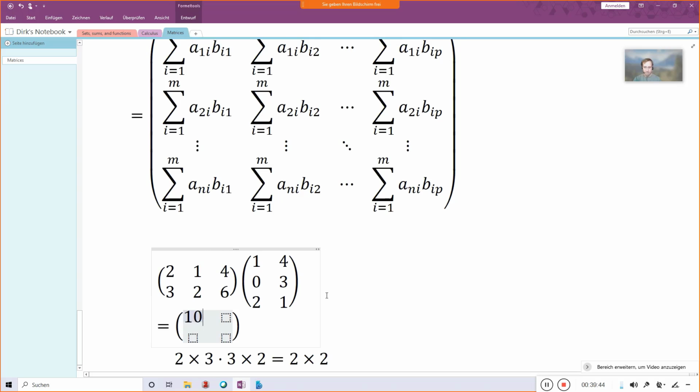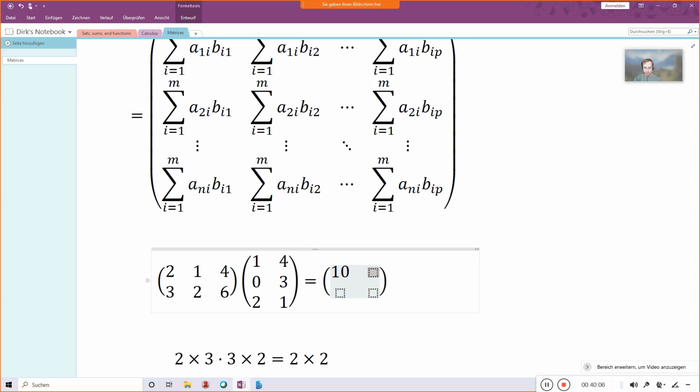2 multiplied by 1, 1 multiplied by 0, 4 multiplied by 2, and all of them summed up. Yeah. Good. Somebody else? What's the value here, in the upper right corner? It's 15, I think. Yeah, that's also what I think, because it's 2 times 4, so that's 8, plus 3, so 1 times 3, that's 11, plus 4, it's 15.